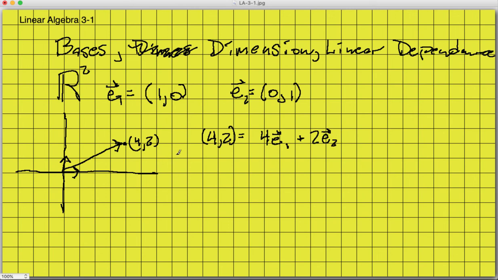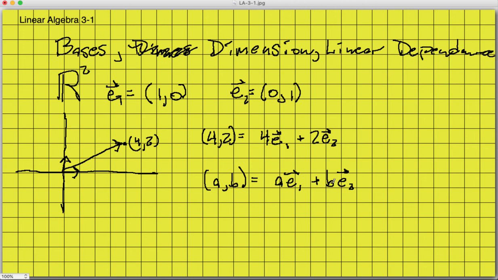And in fact, I think you're willing to believe that any vector that I pick out of R2, any vector (a, b) like that, is just equal to a times the E1 vector plus b times the E2 vector.